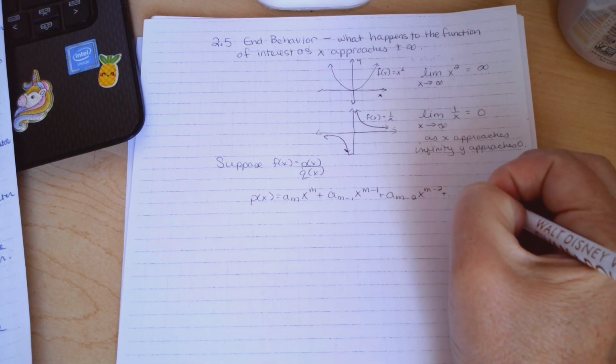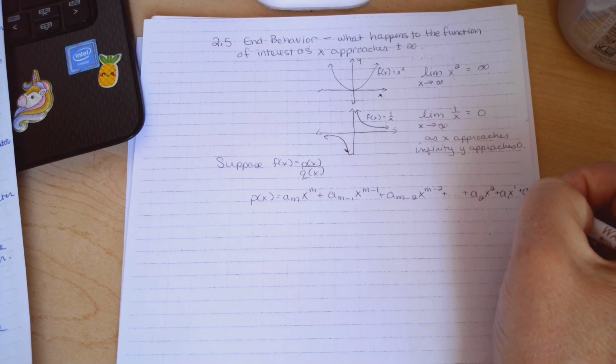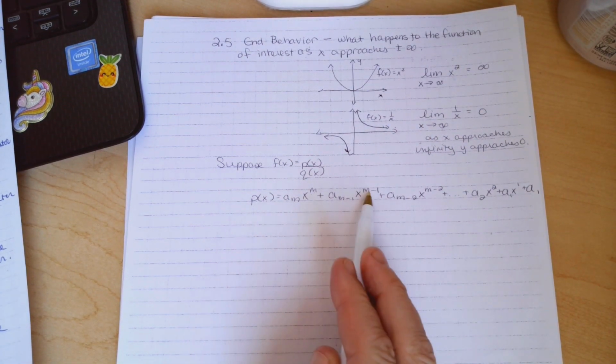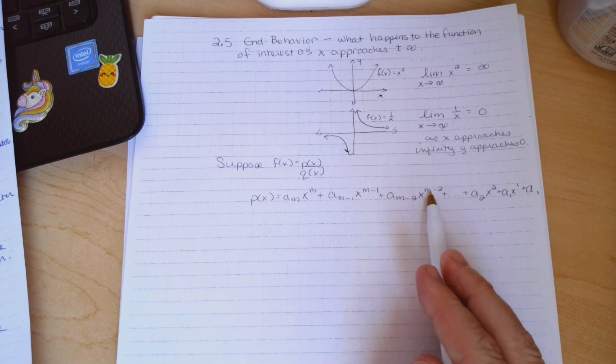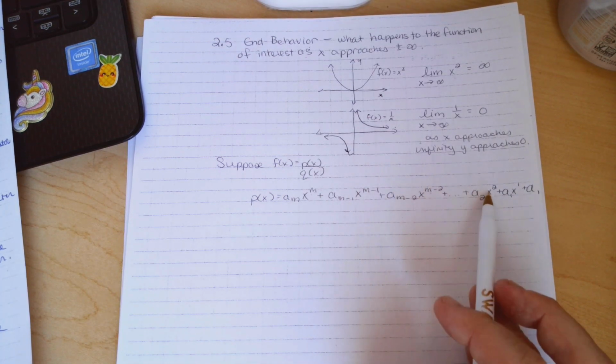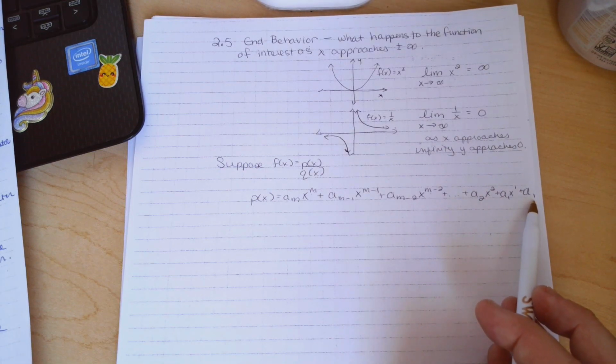And all that's happening here is that you have your leading term, and then each subsequent term is 1 degree lower, right? So we start with m, then we have m minus 1, m minus 2, dot, dot, dot, depending on where we start with m. And eventually you'll have your x squared, your x to the 1, and then your constant term.